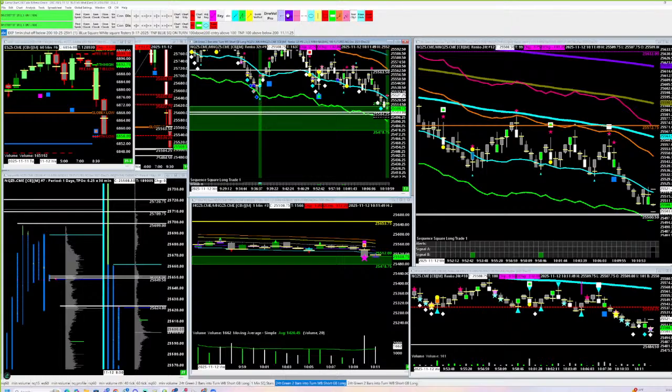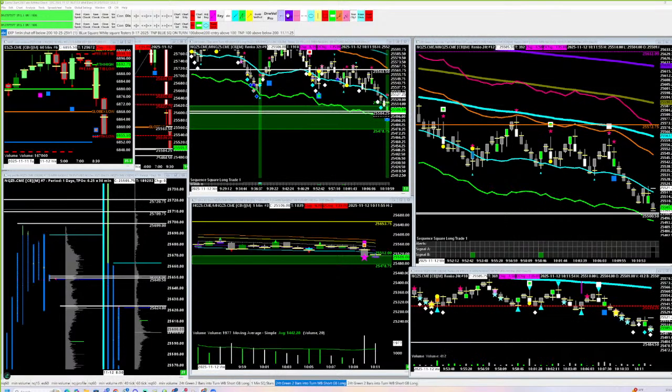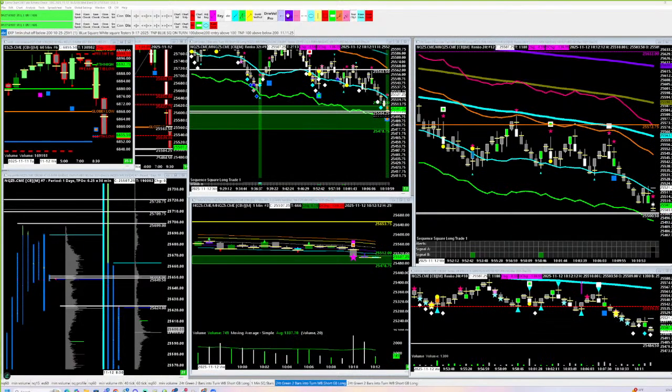I will not be bottom fishing that low. Sounds glamorous, sucks in reality. VIX isn't up that much, 17.74.